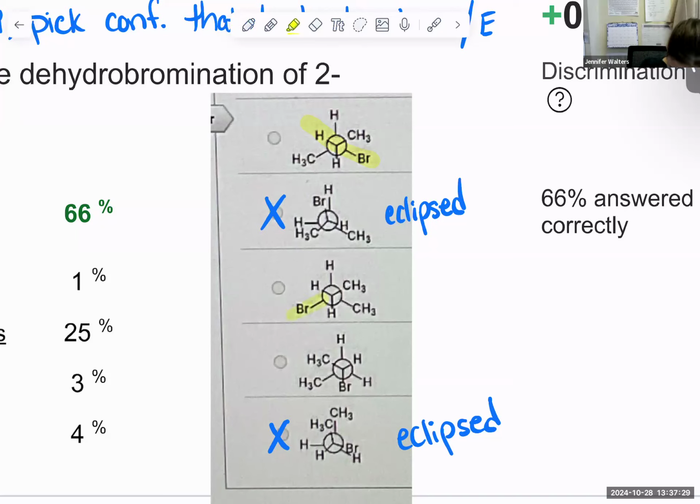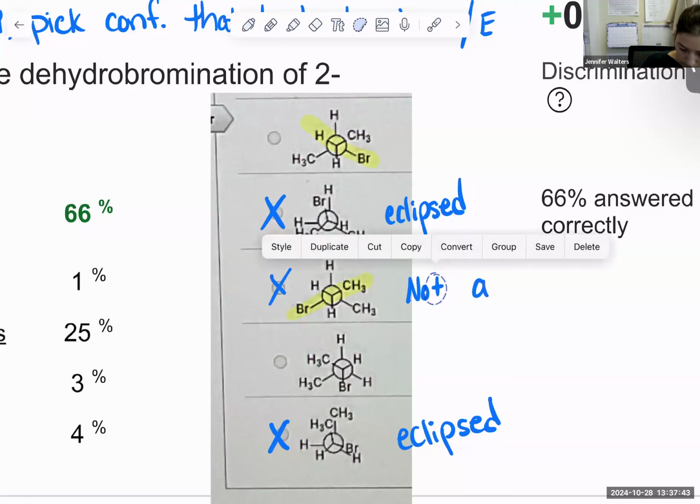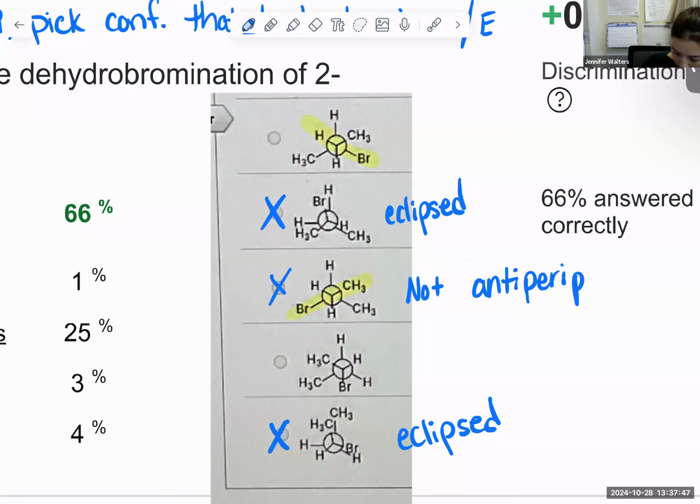This next one is incorrect because my bromine and my methyl are opposite each other, so it's not antiperiplanar. The next one, although it is antiperiplanar, is leading to the cis alkene.